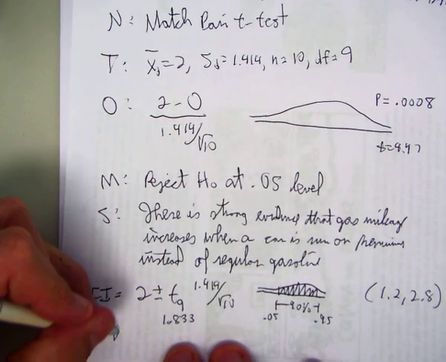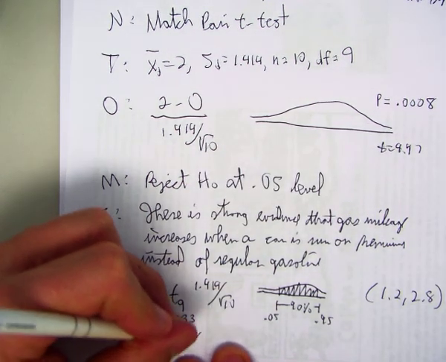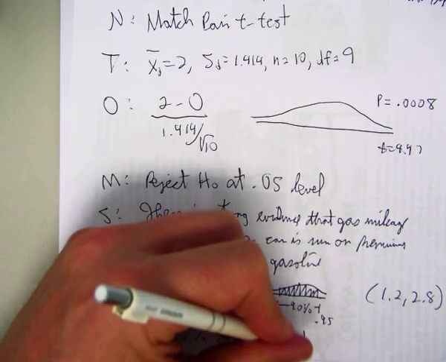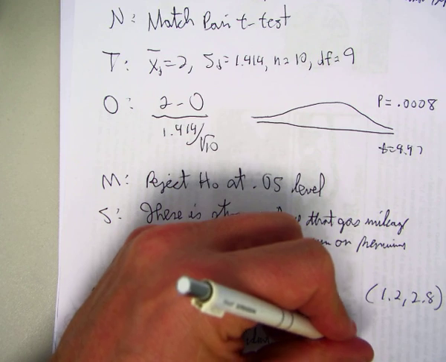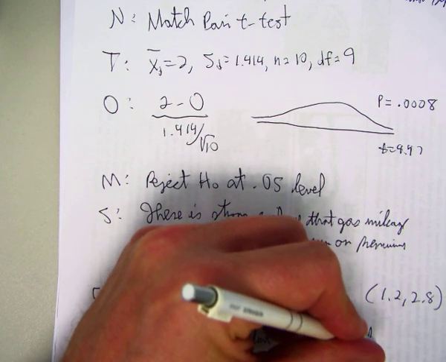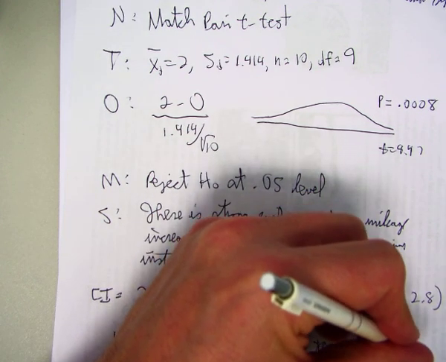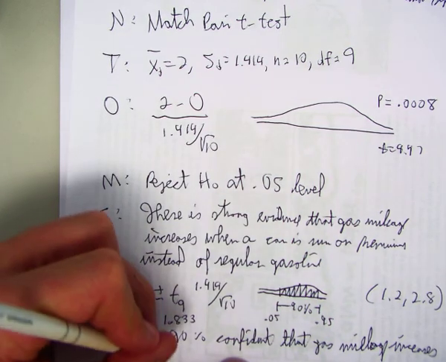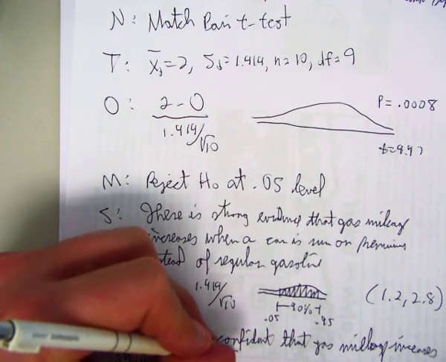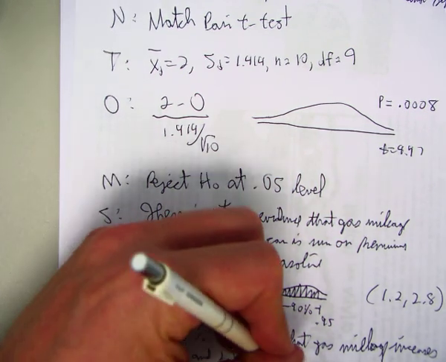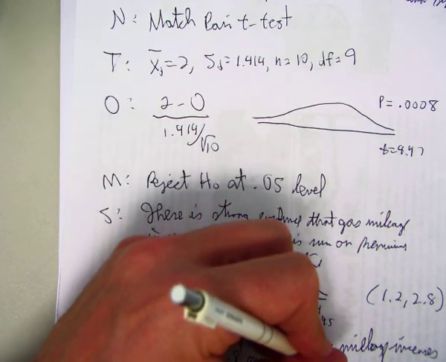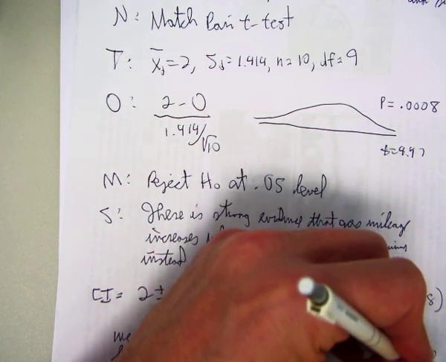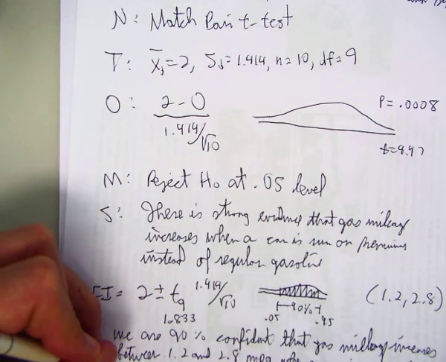So we are 90% confident that gas mileage increases between 1.2 and 2.8 miles per gallon when a car is run on premium instead of regular gasoline.